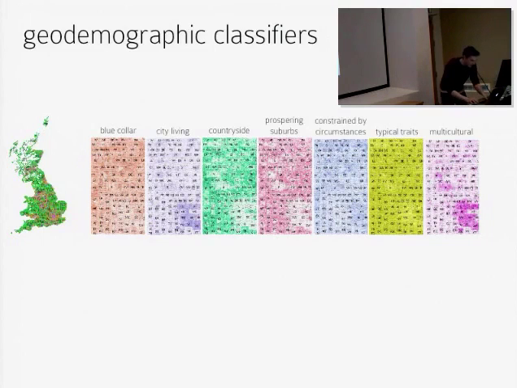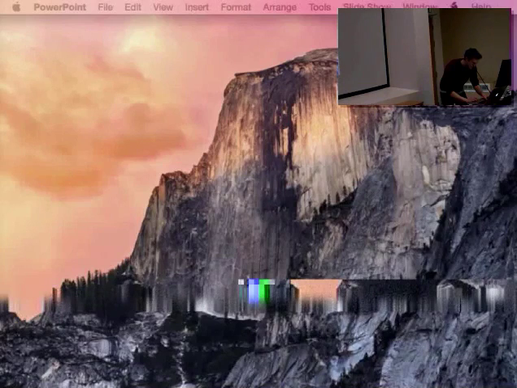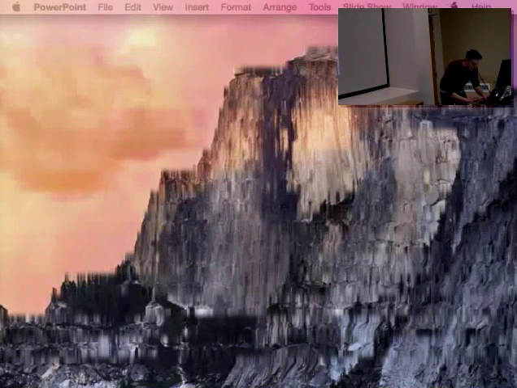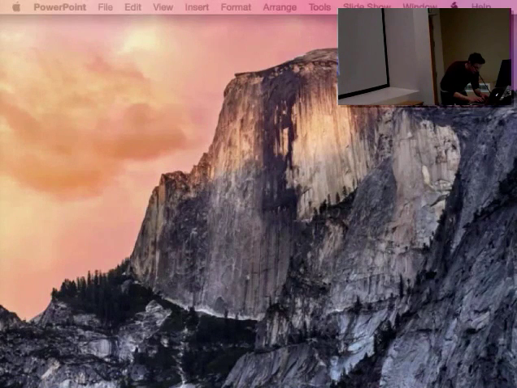So, another way of looking at this and trying to communicate these varying outcomes that small areas could have is through this Processing sketch. So I'll just quickly show.